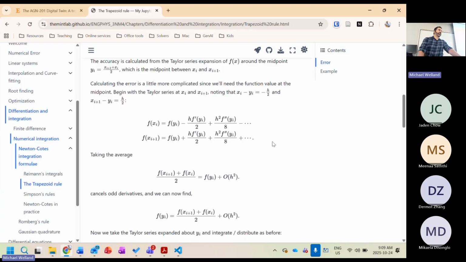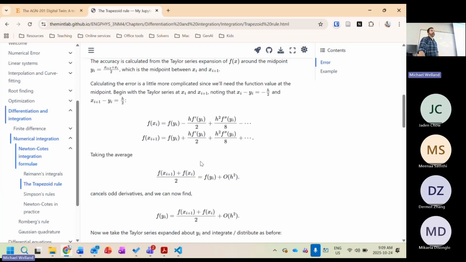You can look at, so there are 2 ways to do it. You can do it the proper way, right? Which is you're going to have to do the Taylor expansions around both of these points, the beginning of your interval and the end.